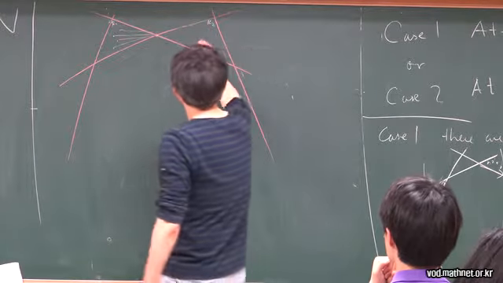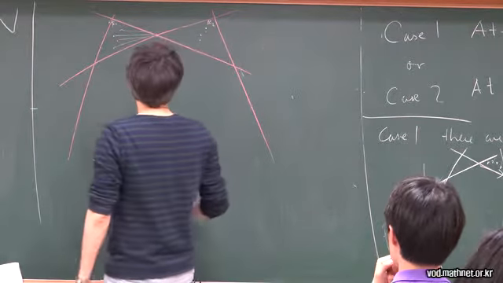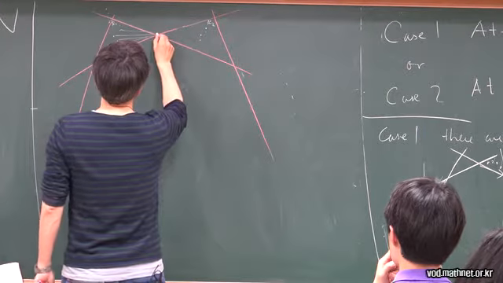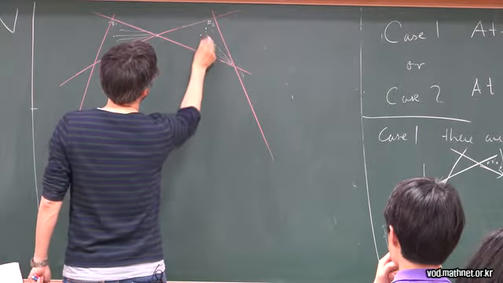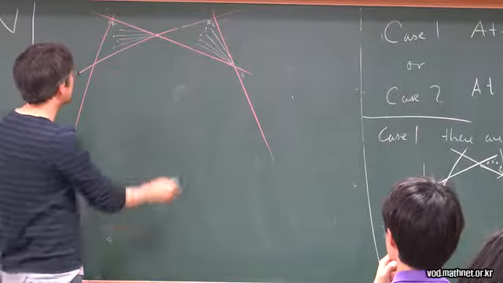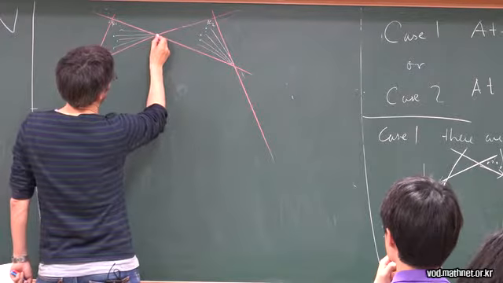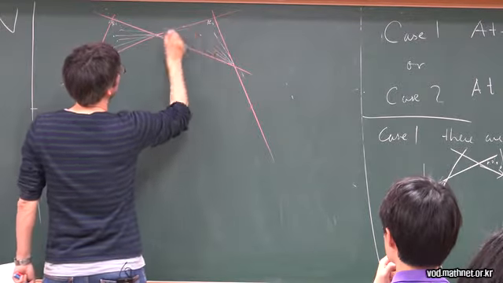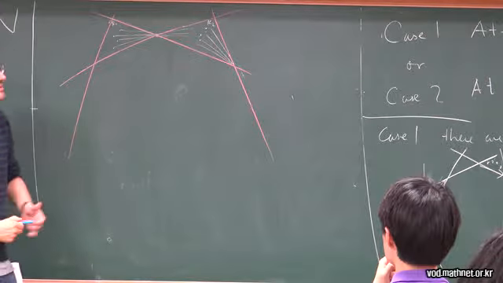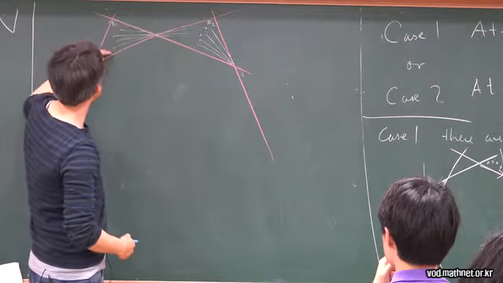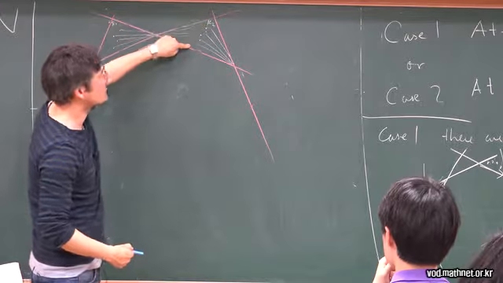Now, what you need to check is that the order you get here on the next one is the same, or the reverse rather, if I were to extend these this way. Okay? So when you sweep a line through this vertex, you're ordering these guys. You're also ordering these guys.